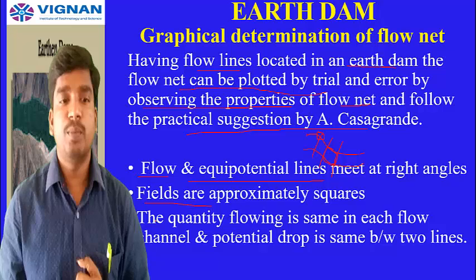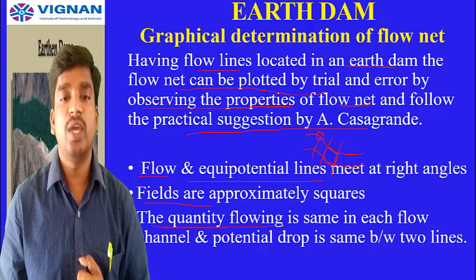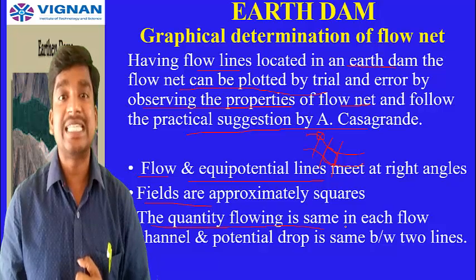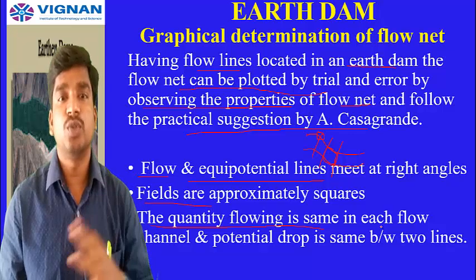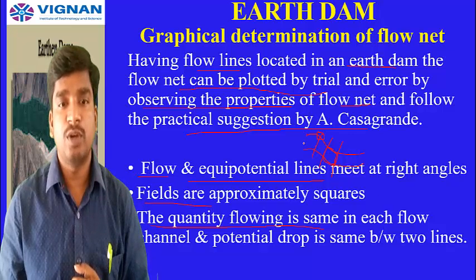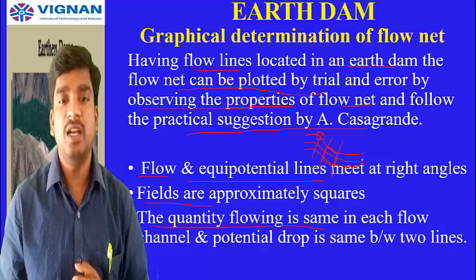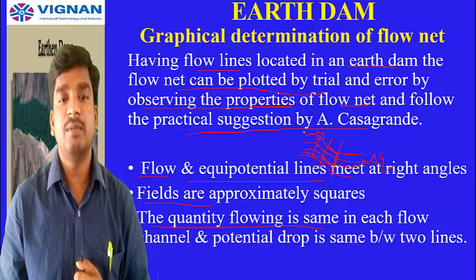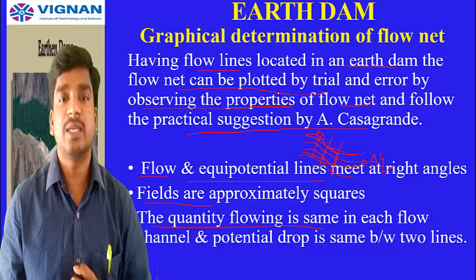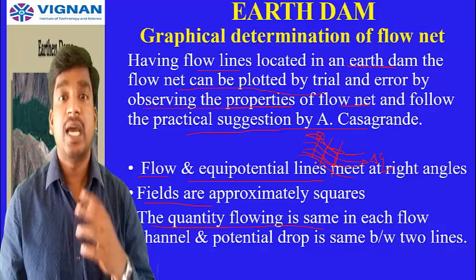Now the next important point is that the quantity of flow is the same in each flow channel. This is one flow channel. For this flow channel the delta Q remains the same, and for the other channels also delta Q remains the same.